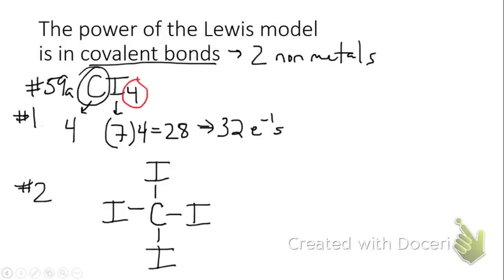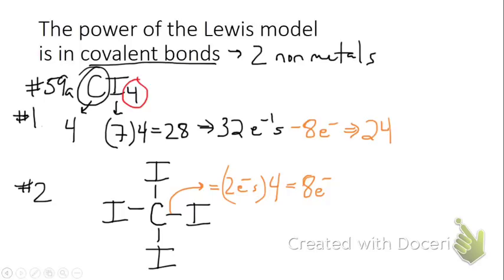Now, single bonds equal 2 electrons apiece. So here we have 4 single bonds, so that's going to be 8 electrons. So we're going to take 32 minus 8, because we've already used 8, and that's going to give us 24 electrons.